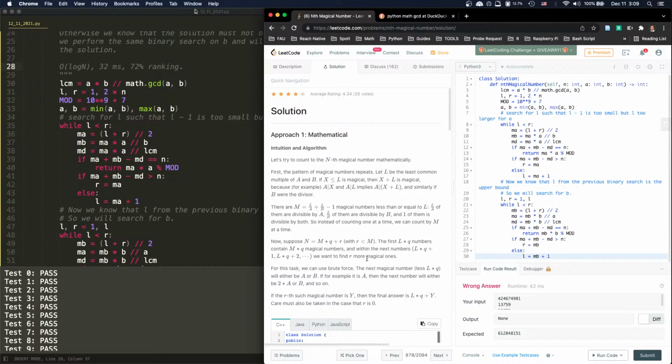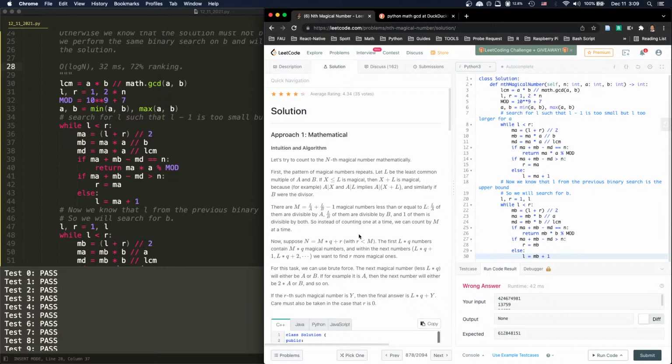First L times, wait, hold on. M is the number, so we go the first L times Q numbers containing M times Q magical numbers.